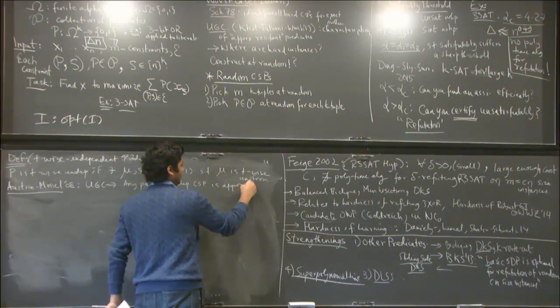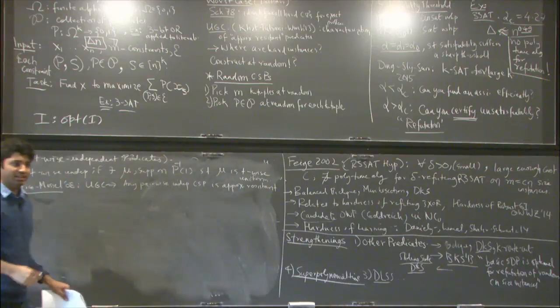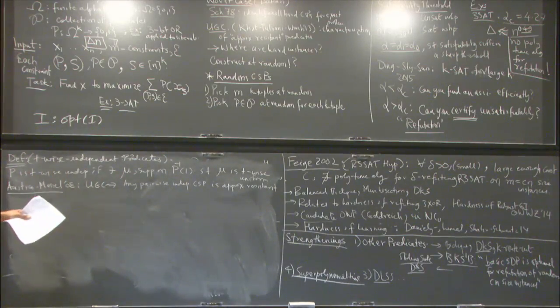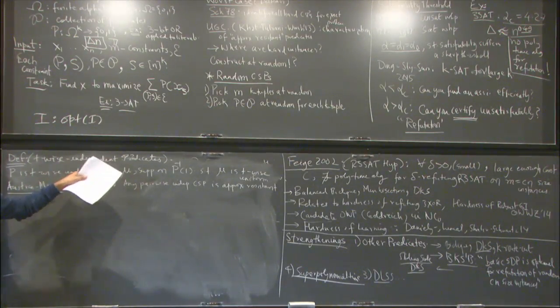So it is the worst case analog of the strong refutation result that I was talking about, and that motivated the study of this problem. So for worst case instances, they showed that if you assume this conjecture, they are hard.